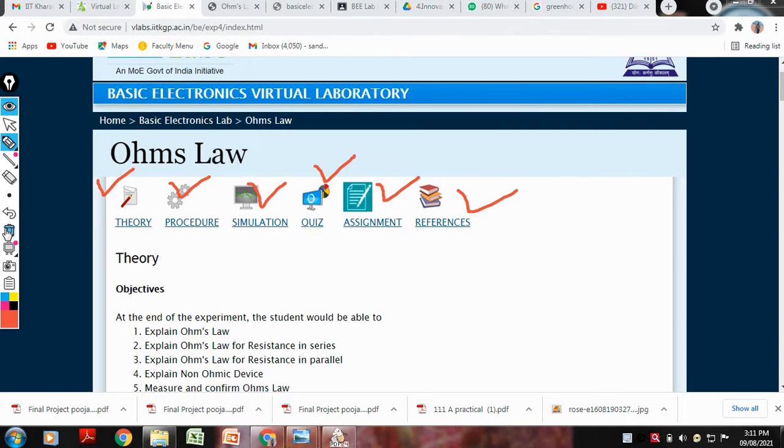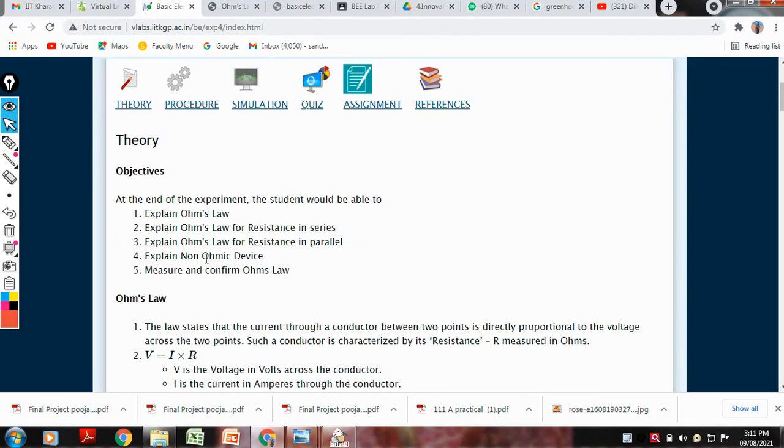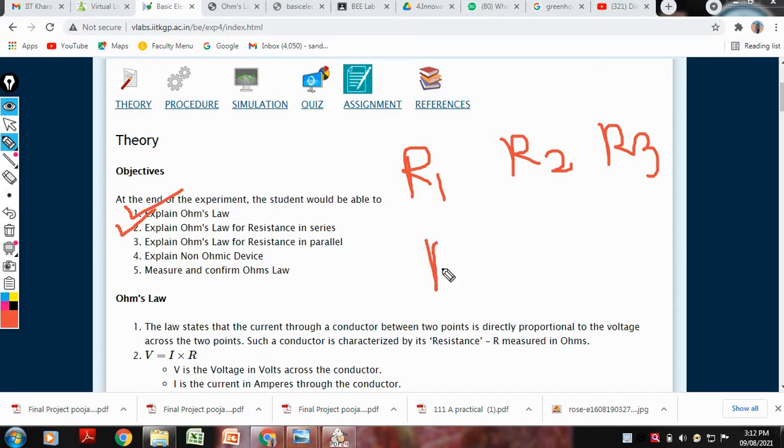The first parameter is theory, and what is the main objective of Ohm's law? Here we explain Ohm's law, then resistances connected in series. We consider resistances R1, R2 and R3, that is R1 plus R2 plus R3 connected in series.